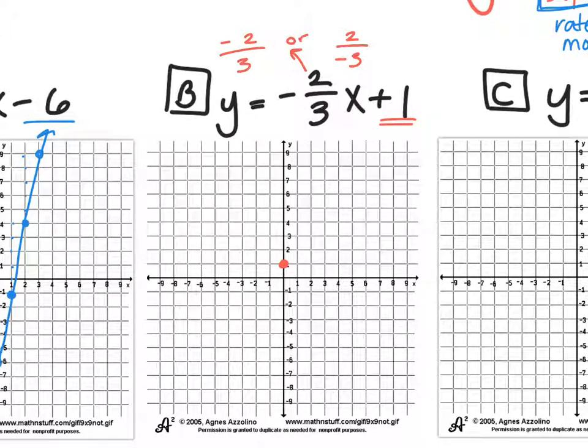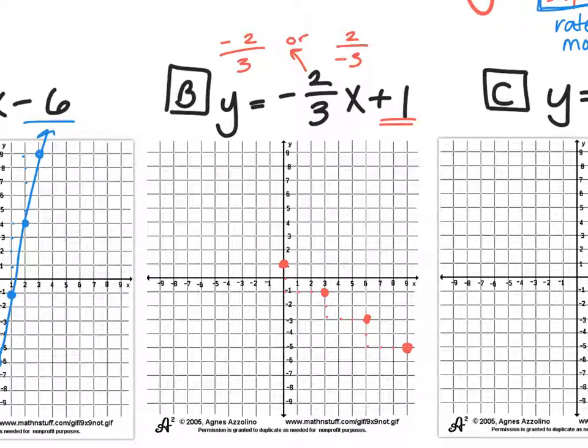So that means I'm going to rise -2 and run +3. To rise -2 means to go down 2, and to run +3 is running to the right. So -2 over 3 again means to go down 2, to the right 3. I can continue that pattern. And one thing we also want to do is talk about how to get points in the other direction, because lines have arrows on the end, so they go on forever.